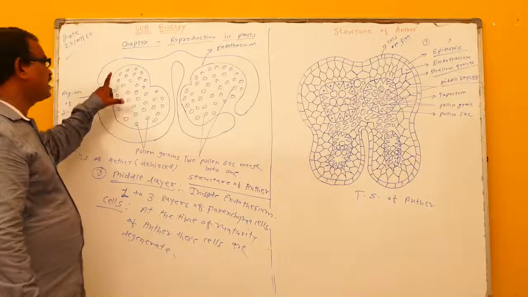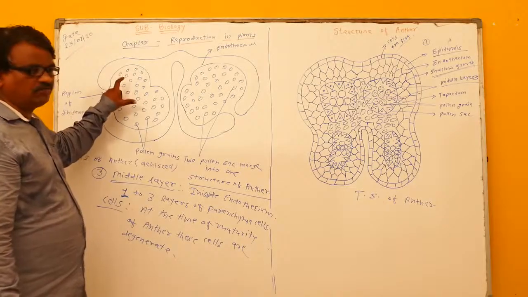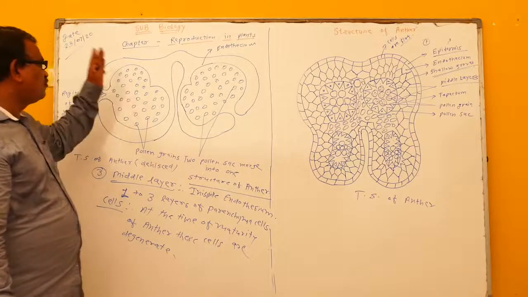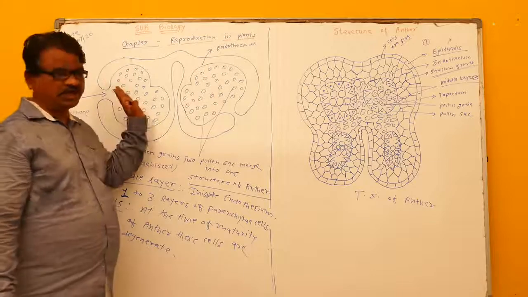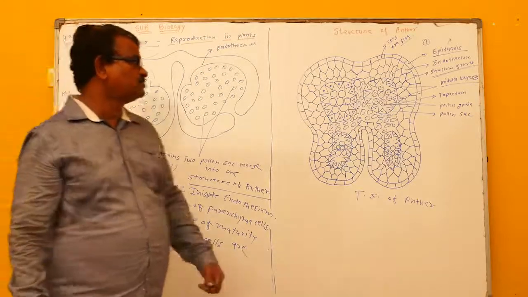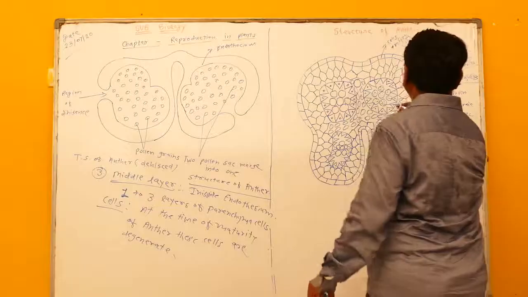And the two pollen sacs merge into one, so as to form one lobe on each side. After that, the tapetum.